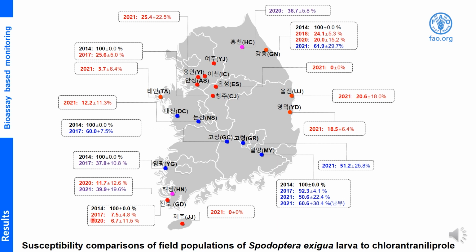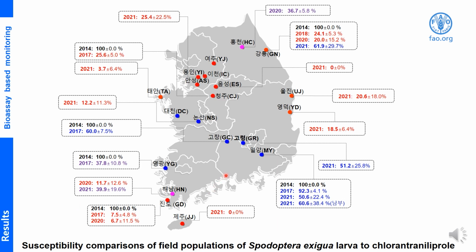That means if farmers use this concentration, you can expect at least more than 95% mortality.